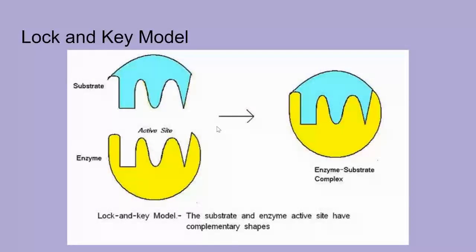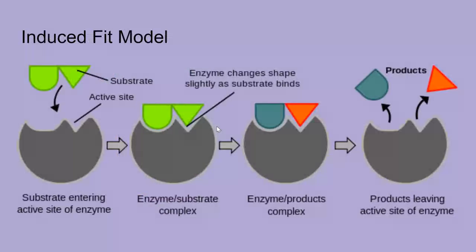But modern technology and advancements have indicated to us that not all enzymes already have the perfect shape active site for their substrates. So we've come up with this induced fit model. What you can see here is the enzyme and there's the active site, but it's not quite a perfect shape for the substrate yet.